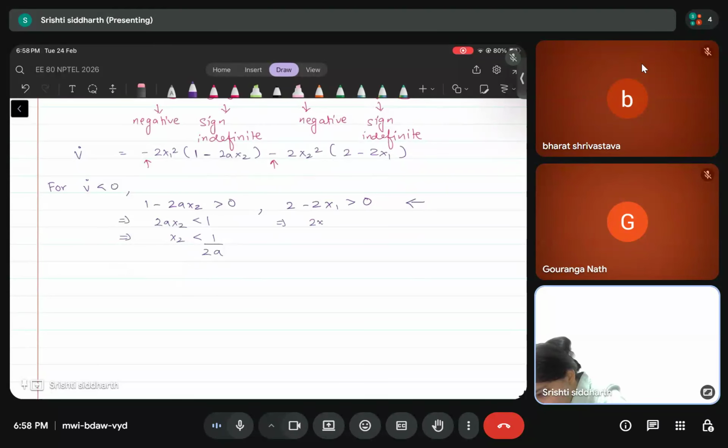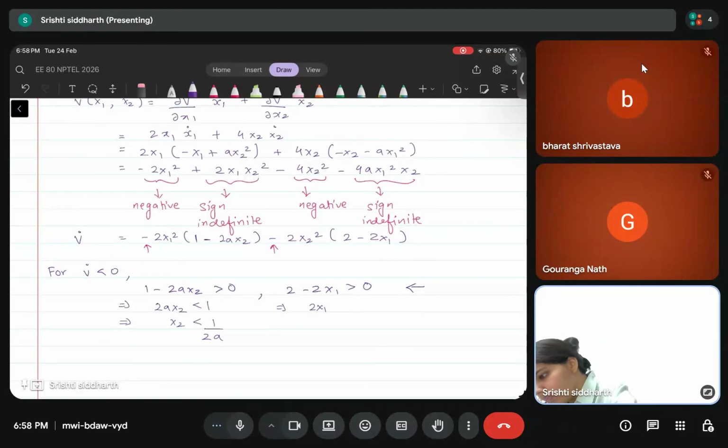This implies 2ax1 has to be less than 2, which implies x1 has to be less than 1 by a.